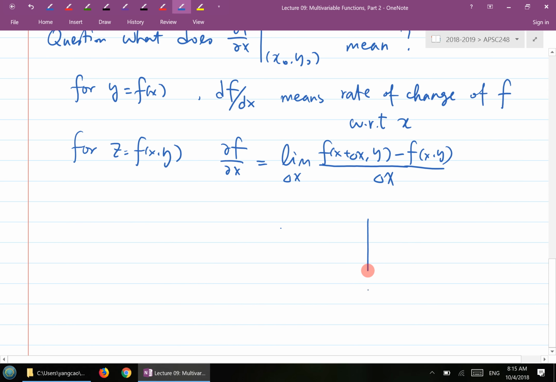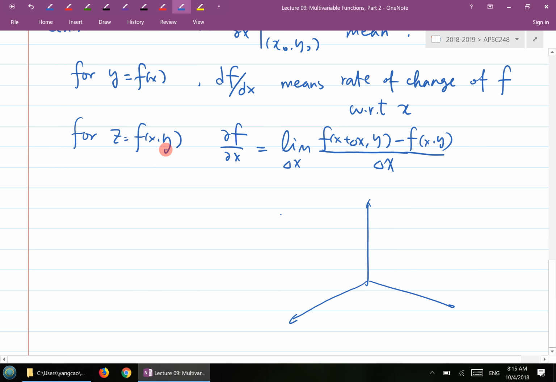First of all, let me draw out the surface here, z equals f of x, y. We all know that a function of two variables basically represents a surface.